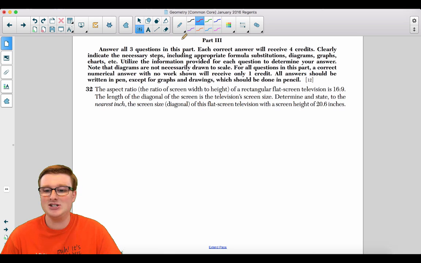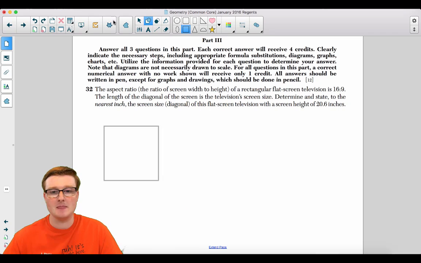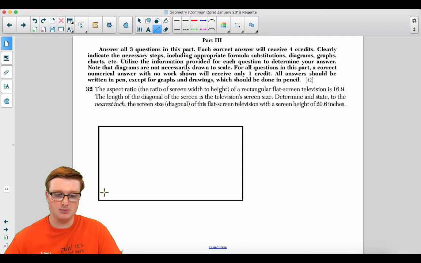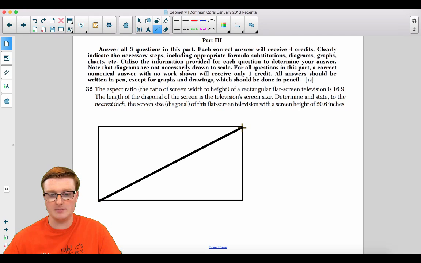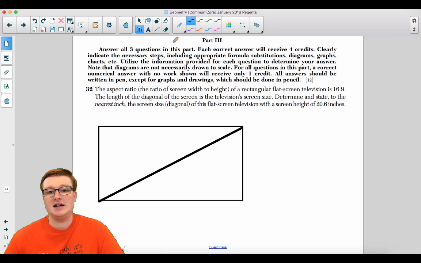Determine and state to the nearest inch the screen size, which is the diagonal of this flat screen television with a screen height of 20.6. So, first things first, I want to draw a TV. And we're going to put a diagonal because it's talking about the aspect ratio, or the length of the diagonal is the screen size.